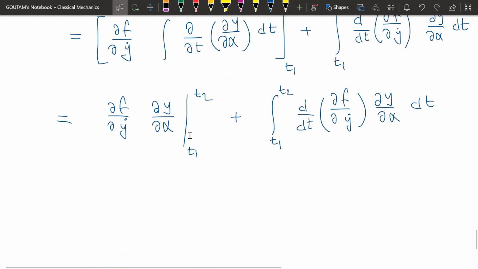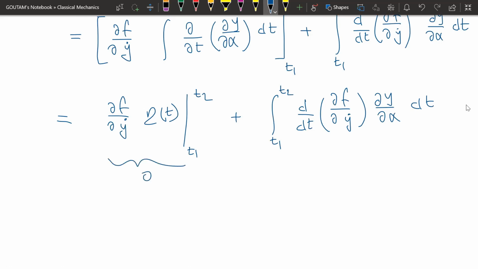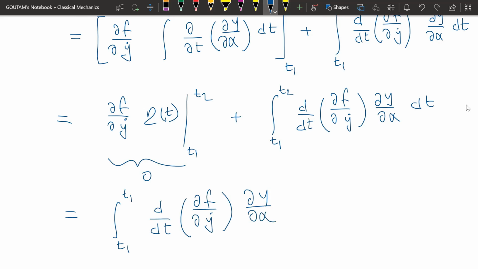So in that case, ∂y/∂α is basically η(t), and if we put the limits, then it will be 0. So the second term in the integral will become the integral from T1 to T2 of d/dt of ∂f/∂ẏ ∂y/∂α dt.